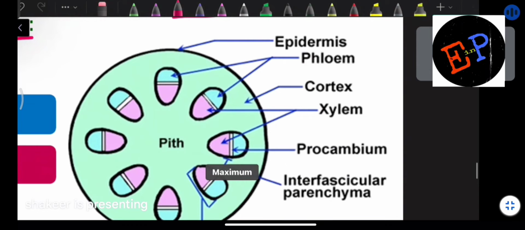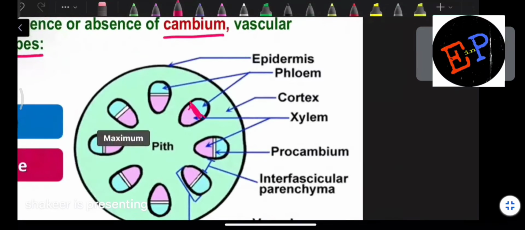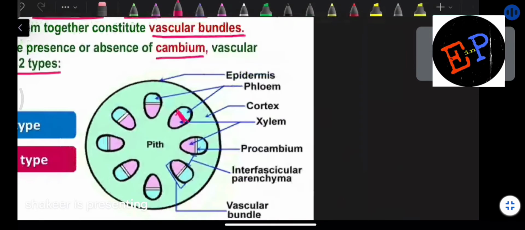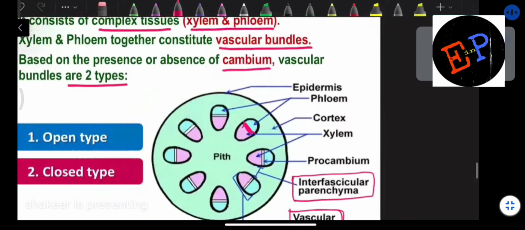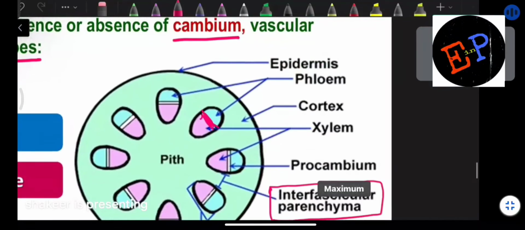Which separation? This separation, this one. That separation is nothing but cambium. Are you able to understand? Then in between these two layers, again you will find another group of cells which is called intervascular parenchyma, and this total combination of xylem and phloem we can call vascular bundles. Clear, no? So this is the overview of the vascular bundle system.